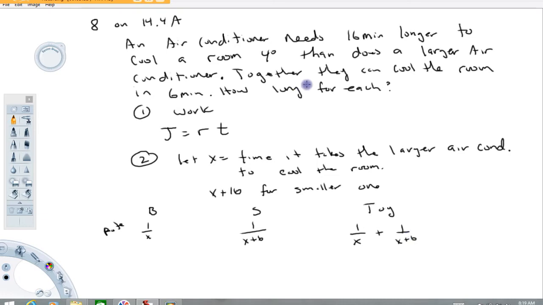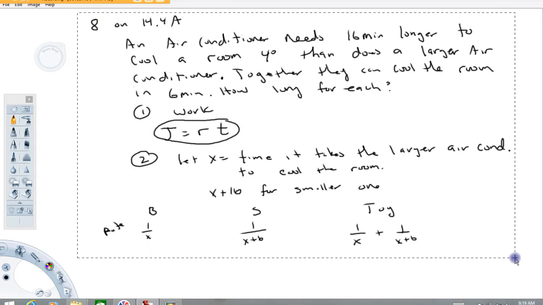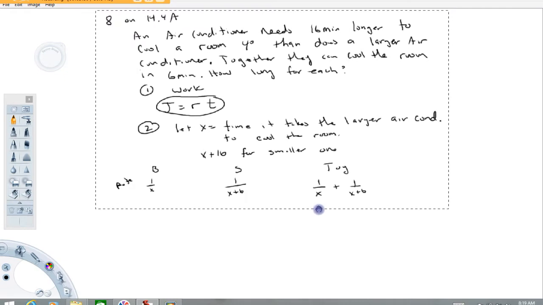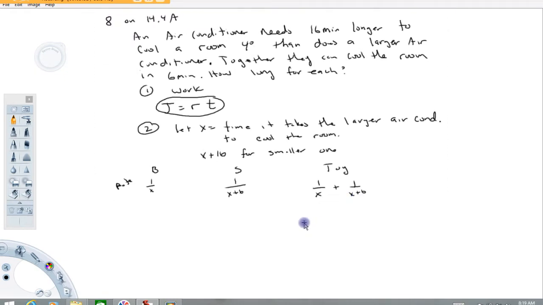Let's see. Together they can cool the room in 6 minutes. So I'm going to use this formula here to write an equation for that, and I need a little more room here, so let's do this. All right, so working together, jobs completed.